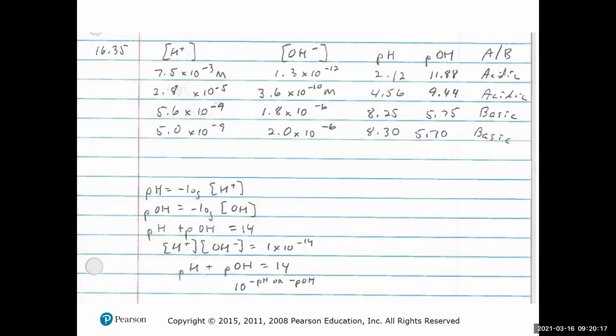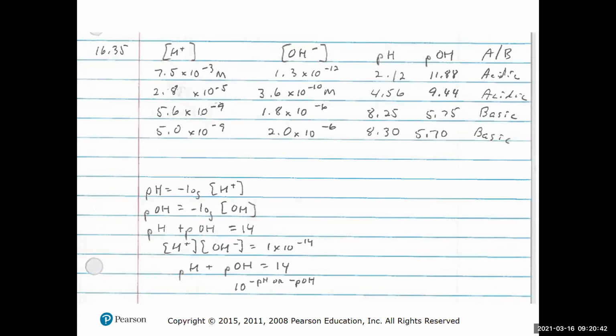So these relationships: pH equals minus the log of hydrogen ion concentration, pOH equals minus the log of hydroxide ion concentration, pH plus pOH equals 14, hydrogen ion concentration times hydroxide ion concentration equals 1 times 10 to the minus 14.